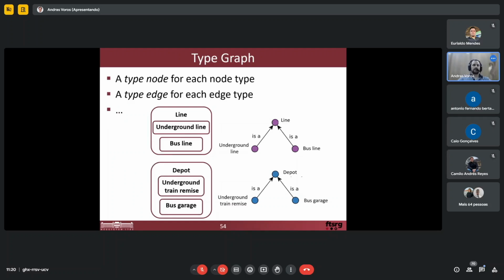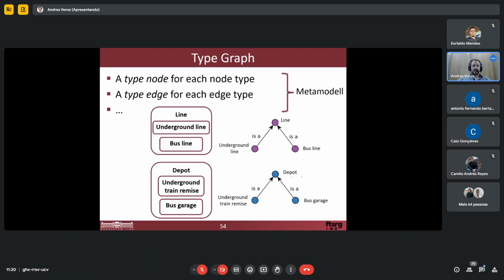So we can have type graphs. We will have a type node for each node type, and a type edge for each edge type. So this is actually the metamodel in our system.